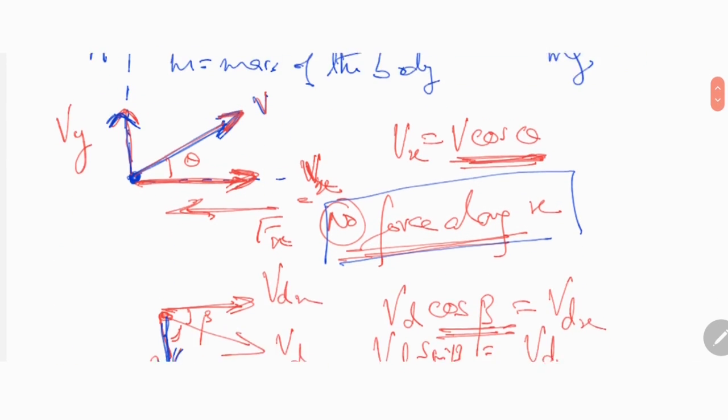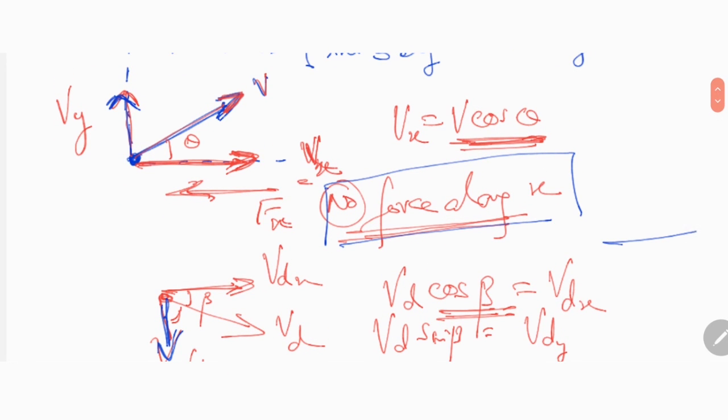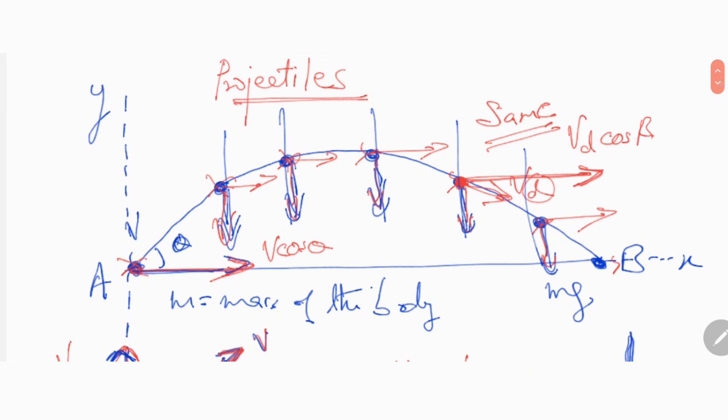You remember in our previous class, we discussed the motion of a body when it is tossed up and while it comes down. In the case of projectiles, the behavior of the object in the y component is the same. Everywhere we can draw an x and y component, right?